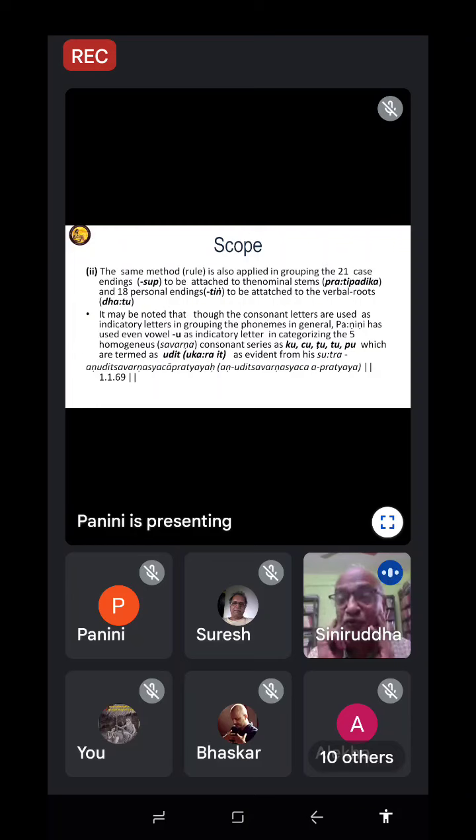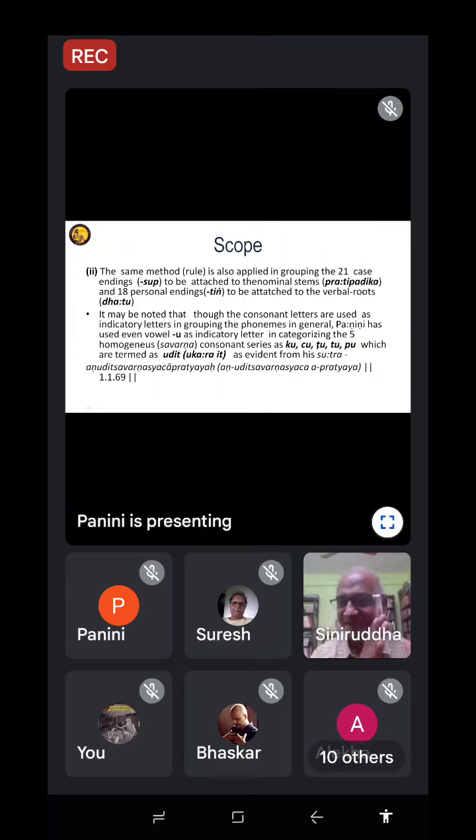Panini had done this thousands of years before. Suptinanta only talks about inflectional morphology, the final endings, whereas krit-taddhita-samasa represents derivation. Why did he make krit-taddhita-samasa?